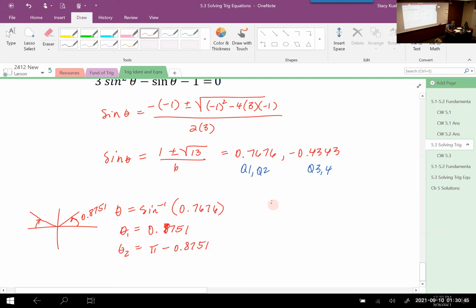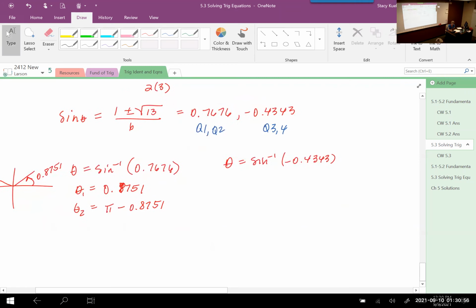And over here, we would have theta equal to the inverse sine of negative 0.4343. What's that value? Negative 0.4492. Okay, so that is this angle, isn't it?